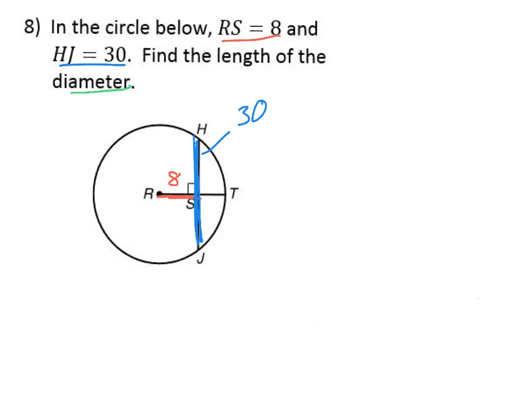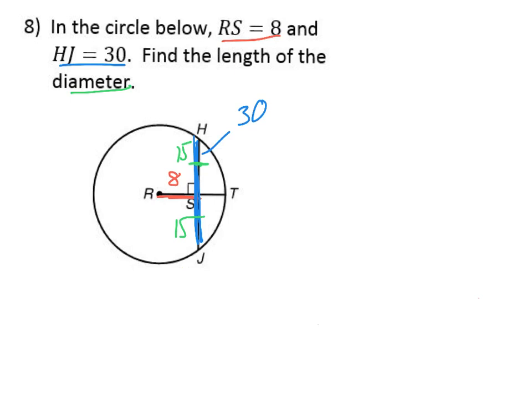Now, as I stated in the last problem, based on the perpendicular chord bisector theorem, since this right here is perpendicular to this chord, I know right away that it has to bisect it. So I can split that 30 up into 15 and 15 for each of those shorter segments.